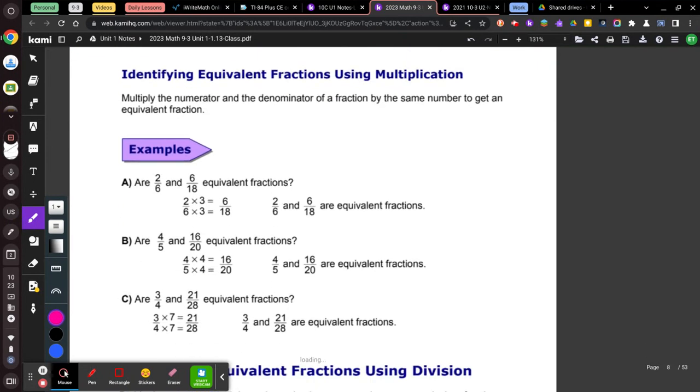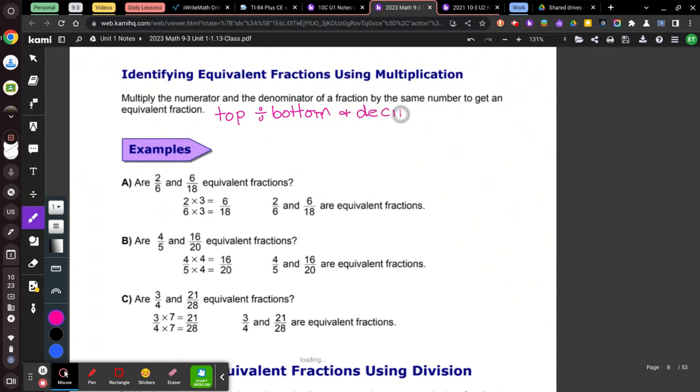So it says identifying using multiplication. So to find out if they are equivalent, you take top, divide, bottom, and the decimals must match.